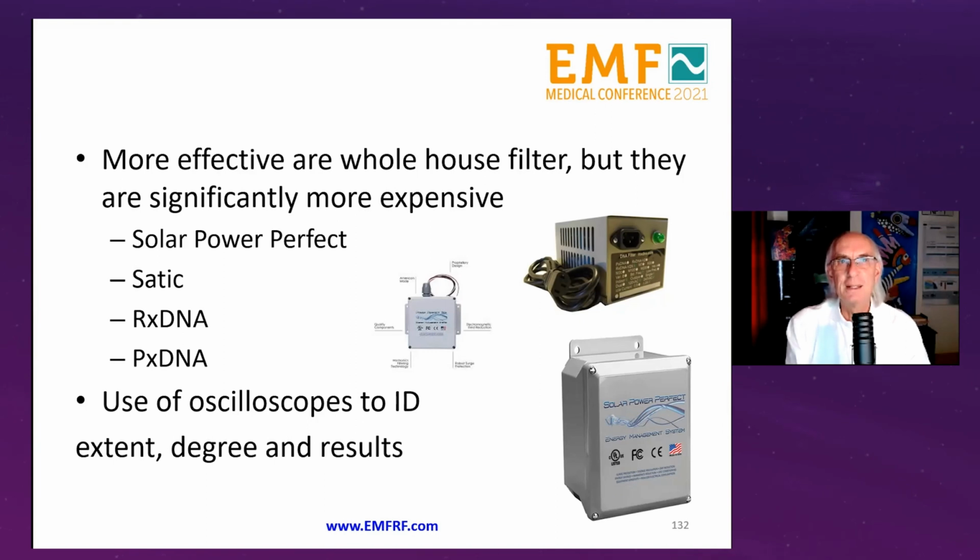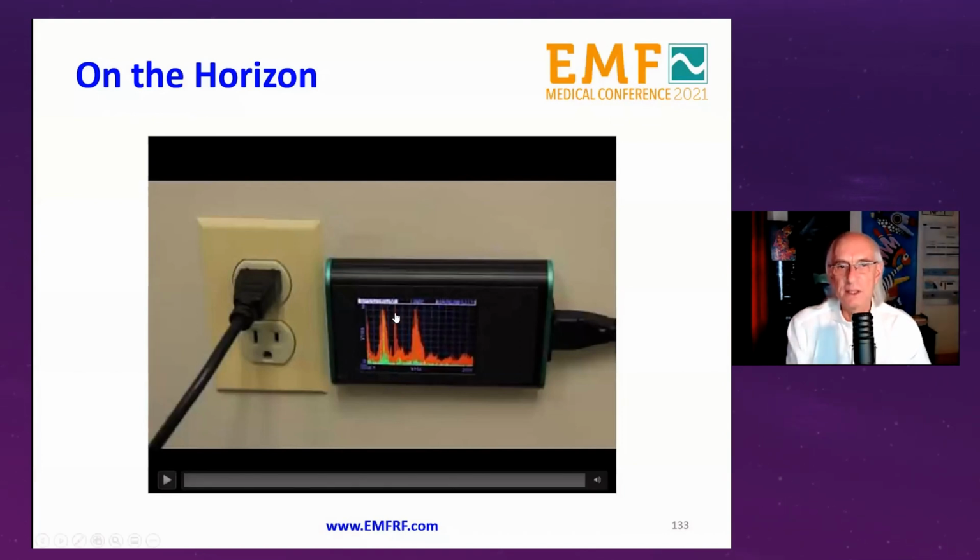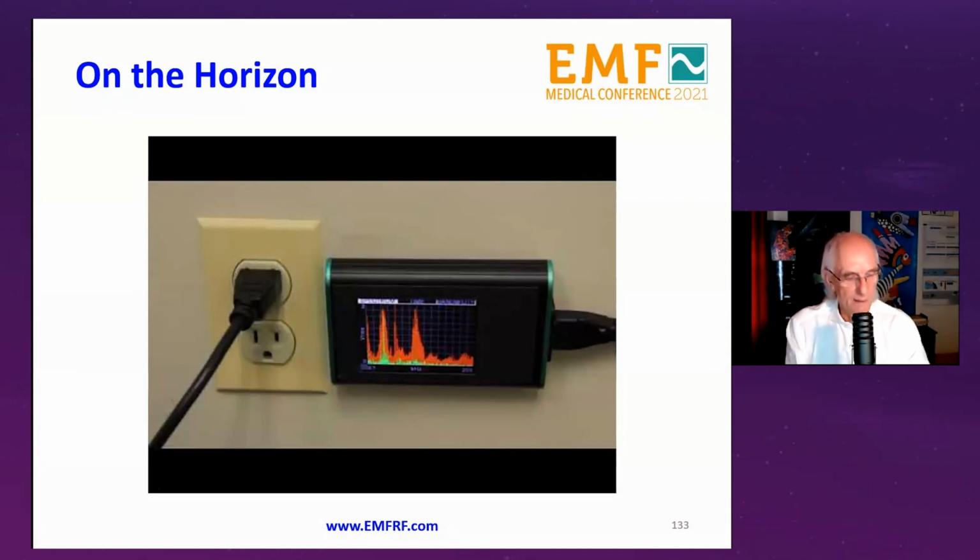So we're flying a little bit by the seat of our pants, if I can say it that way. Eventually, there's a company who's trying to develop a device which we can just plug in, and we can actually visibly see the different harmonics or the different distortions on the system, and then actually monitor and see, as we are removing items, that we're actually cleaning up the environment.